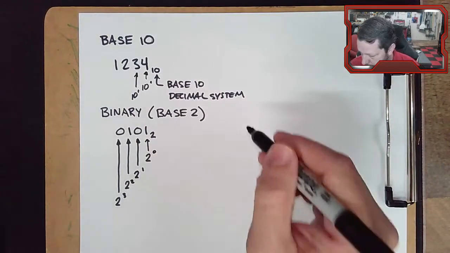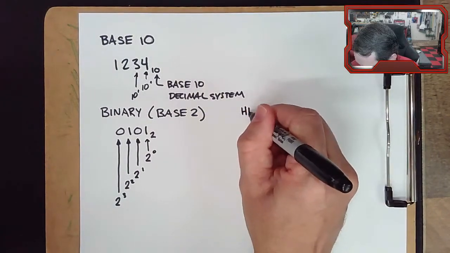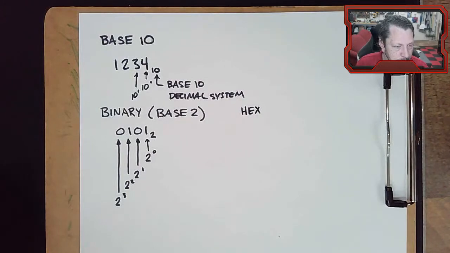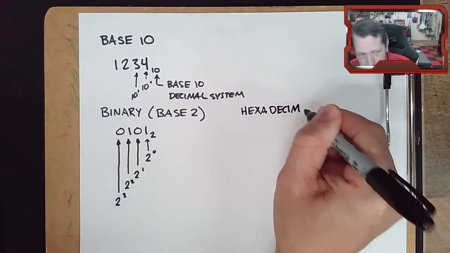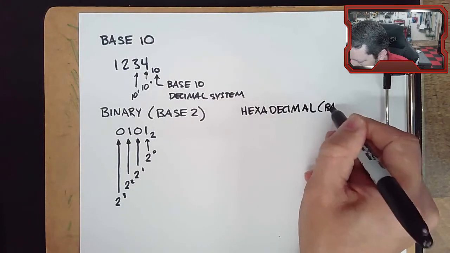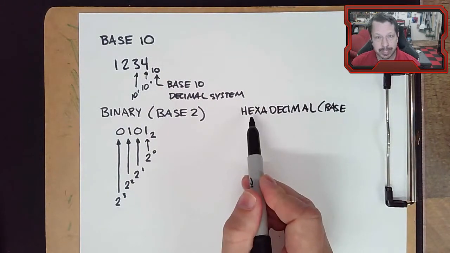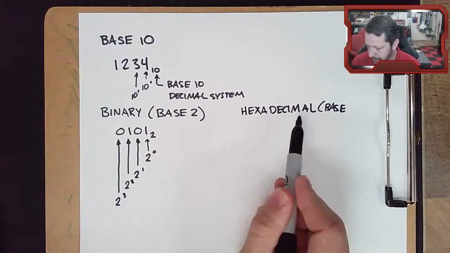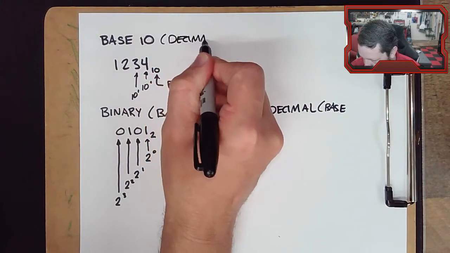Another system that's common with computer systems is hexadecimal. Let's see, is it XI or XA? I never remember. Hexadecimal. So if you look at the word, you have hex, which is normally 6, but it's not base 6. It's hexadecimal. Decimal is usually base 10.